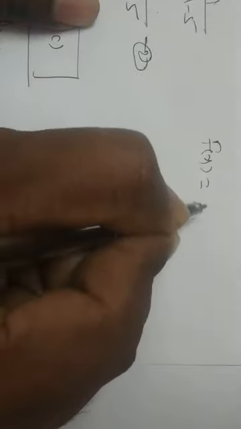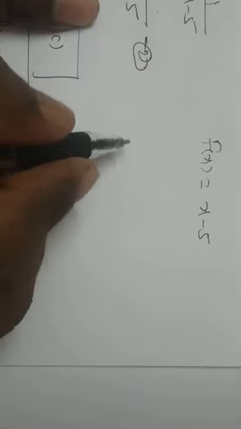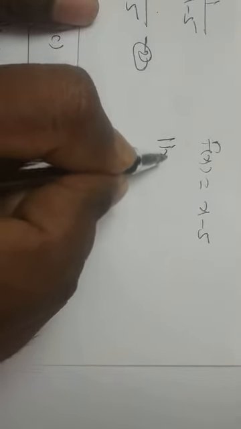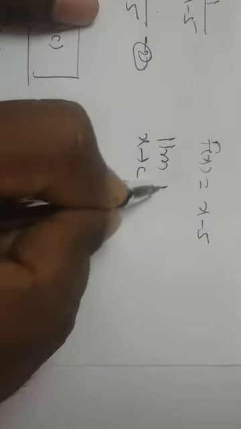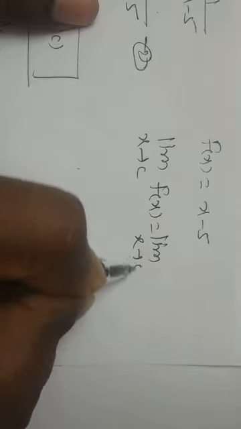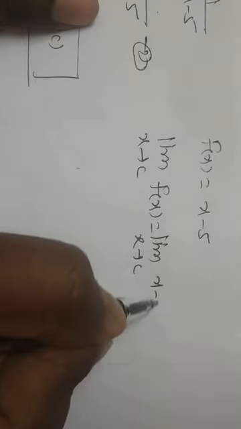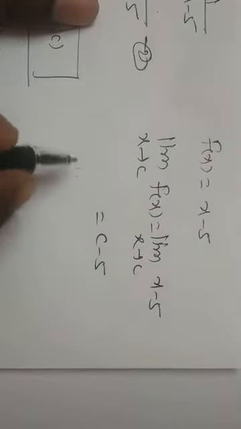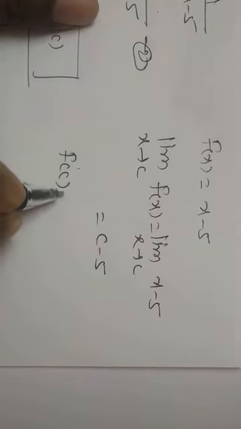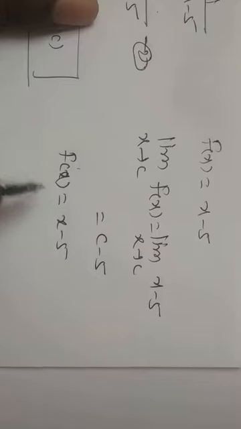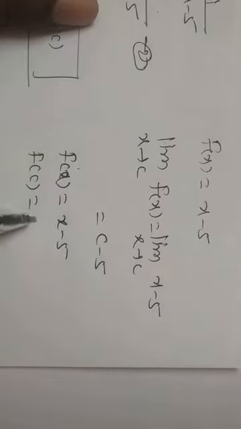Clearly as f of x equals x minus 5, the function is continuous. When we put f of c, then limit x tends to c, f of x equals limit x tends to c of x minus 5, that is c minus 5, and f of c equals c minus 5.